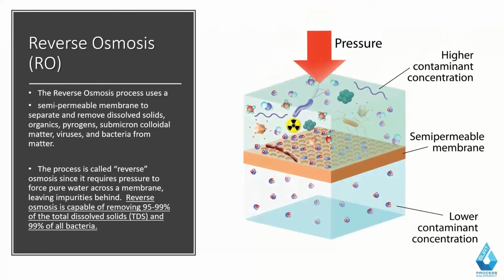And like I said, the majority of your work in that space is done in your reverse osmosis system. The RO is really what removes 99% of your total dissolved solids, which are things like your pyrogens, bacteria, ions, things like that. That's where most of your work is done to achieve your different water qualities.